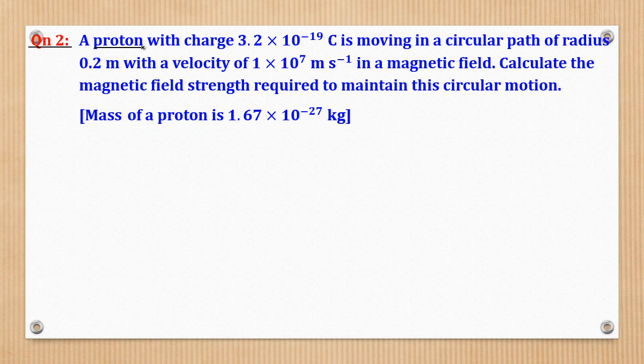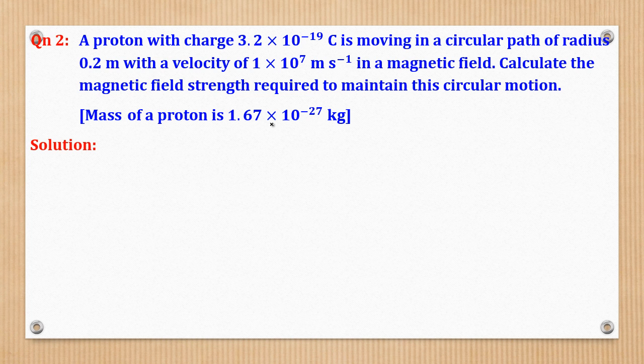Then question 2, a proton with charge this is moving in a circular path of radius 0.2 meters with a velocity of 1 exponent 7 meters per second in a magnetic field. Calculate the magnetic field strength required to maintain this circular motion.